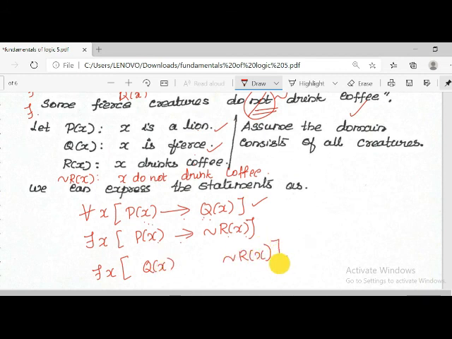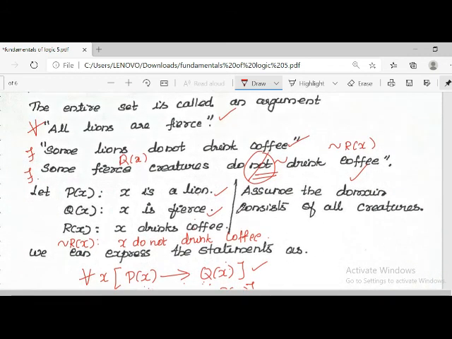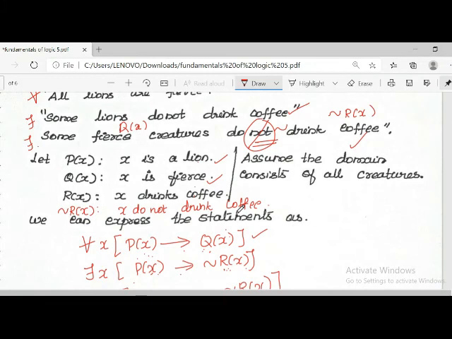So what is the relation connecting them? All lions are fierce and some lions do not drink coffee, which means that lions are fierce, some fierce do not drink coffee is given here. So what is the relation between these two? All lions are fierce and some fierce do not drink coffee. That means how can we convert the statement? Some lions do not drink coffee also.